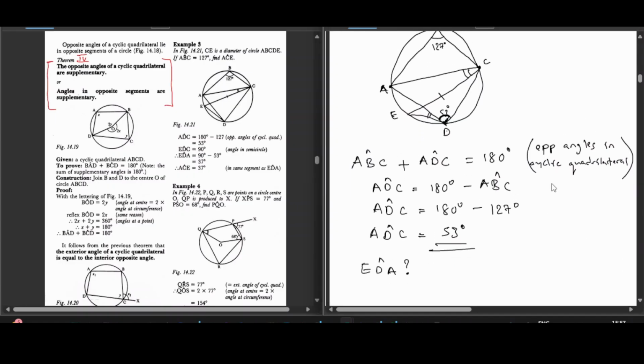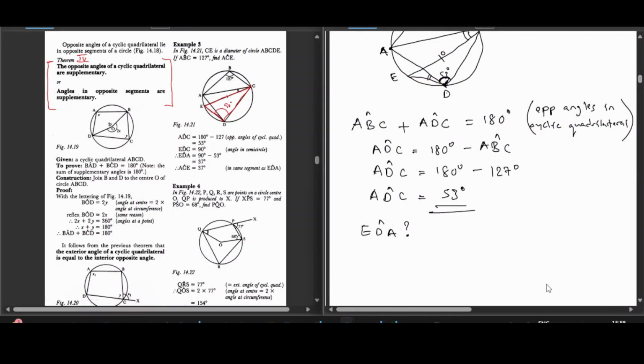Let us look again here. Can you see that we have a center O? Even though it is not labelled O, the line represents the center. And having a center, can you see that we have a triangle? Let me show you here. A triangle which is being formed by a diameter, which means here is going to be 90 degrees.